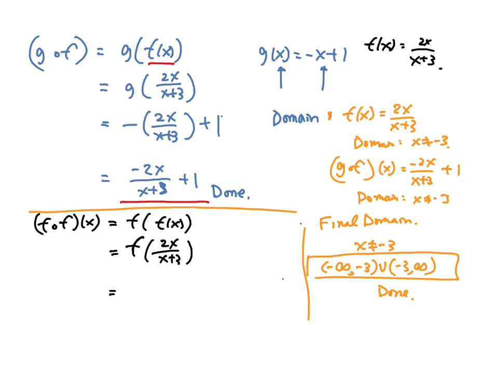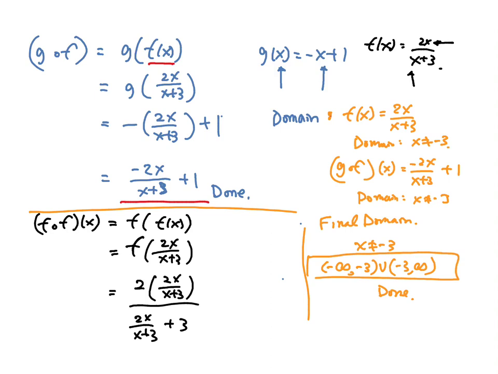So in this case, we are going to have a fraction inside a fraction. So this is going to be 2 times 2x over x plus 3, over 2x over x plus 3, plus 3. See, wherever we see x, we replace it with the fraction itself.